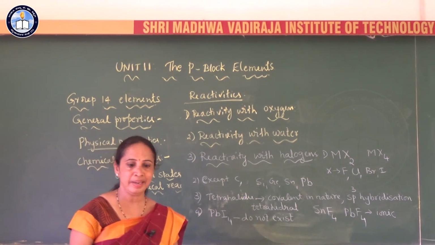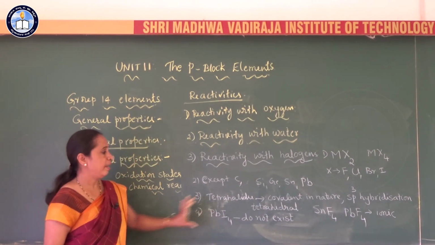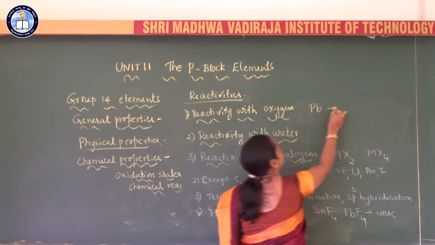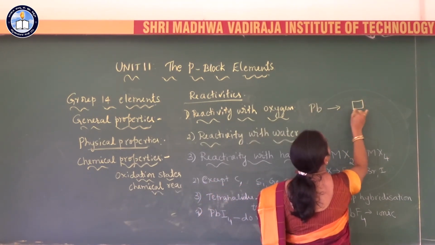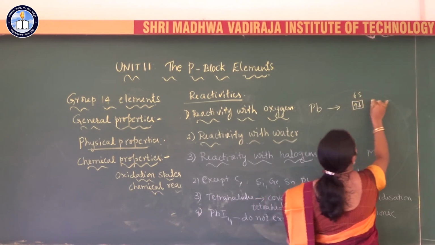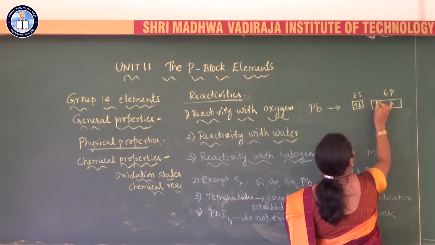If we consider lead in its valence shell, there are 2 electrons in the 6s orbital and 2 electrons in the 6p orbitals.